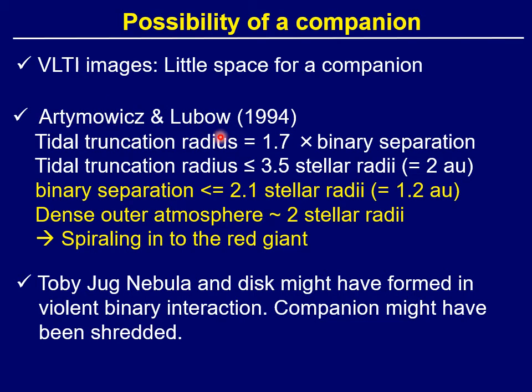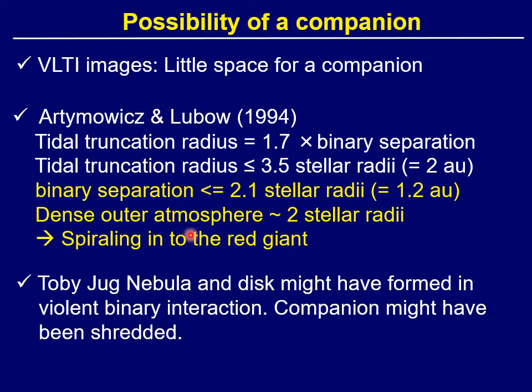Artymowicz and Lubow show that the tidal truncation radius is about 1.7 times the binary separation. But we observe that the inner rim is about 3.5 stellar radii. So by combining these two, we can say that the binary separation should be smaller than 2 stellar radii or 1.2 AU, which is quite close.